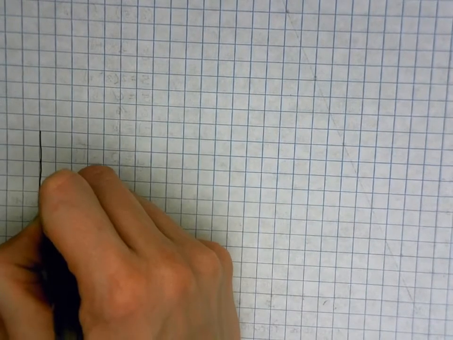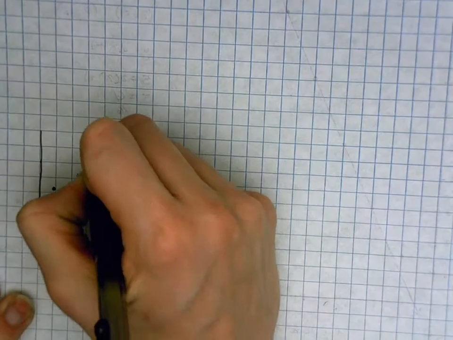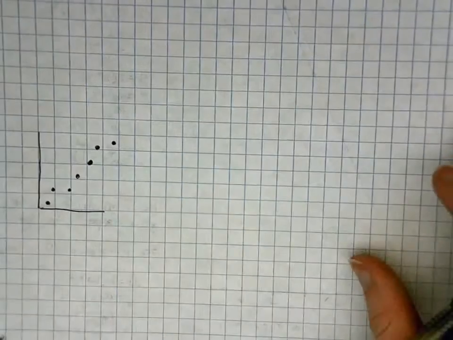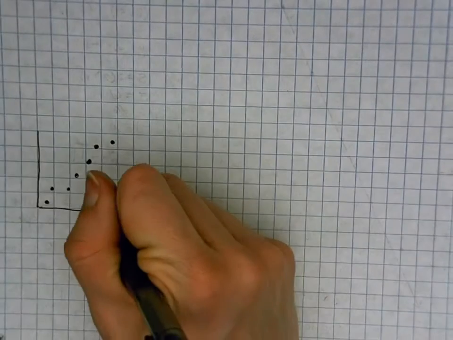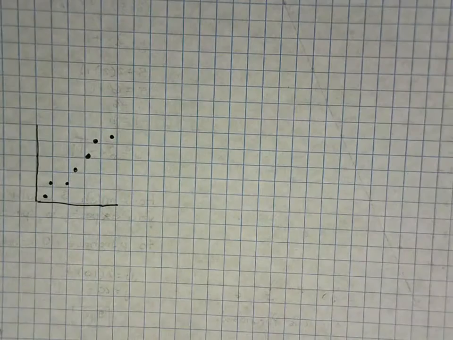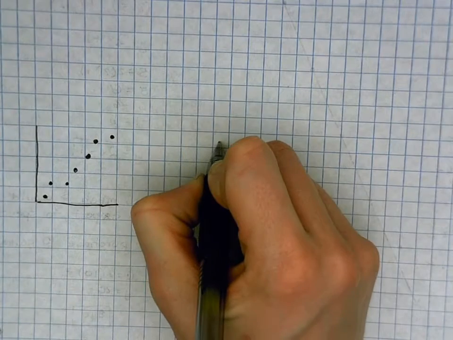And when I say strength, I mean how close to a perfectly straight line is it? This graph is really close to a straight line, and so that's going to mean something when it comes to a correlation coefficient. So our correlation coefficient we call R.